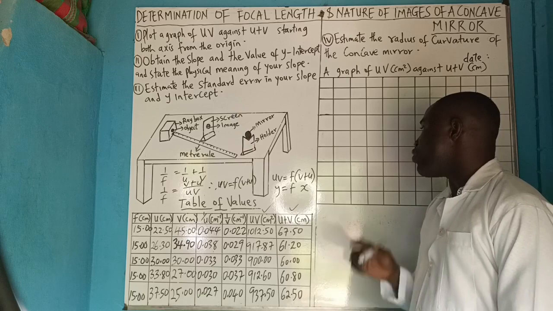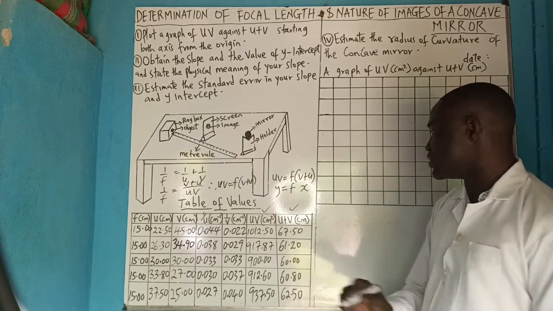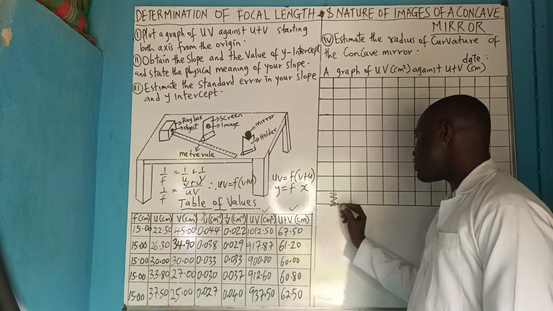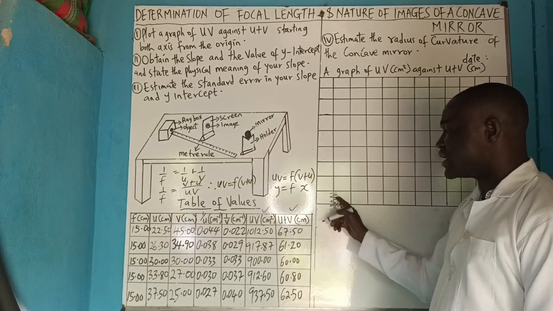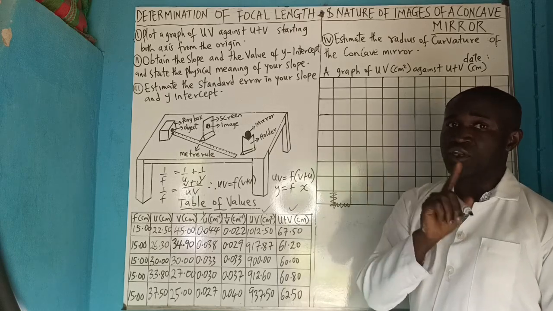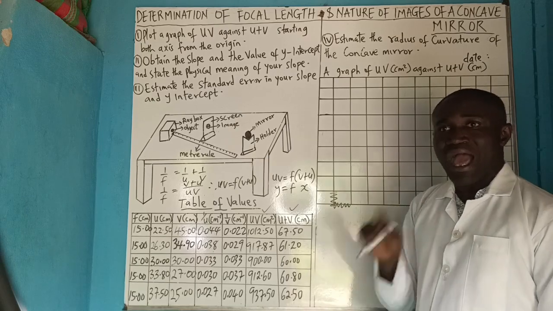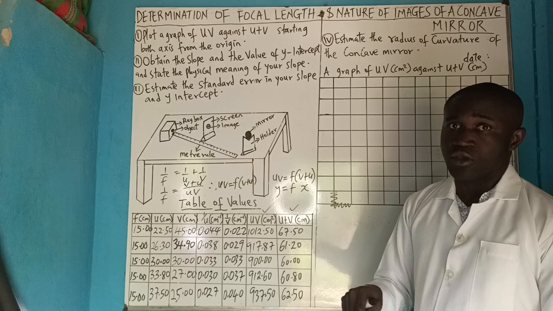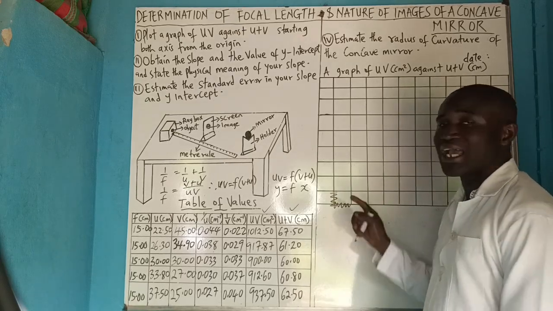What I will do is show that I am starting from the origin. I will use a zigzag line and put it here. When they see this, it shows that I am observing the rule of starting from the origin, but I didn't indicate 0,0. That is what this zigzag line means.